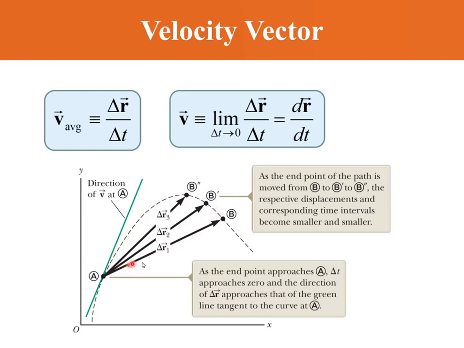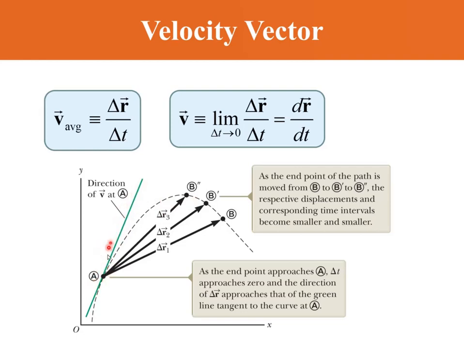If you study the line, delta R, when it is at B, has this line. And then as it returns to B prime, the line from here becomes like this, and then when it becomes B double prime, it becomes like this, and then as we extend the motion until 0, this line then becomes the green line.